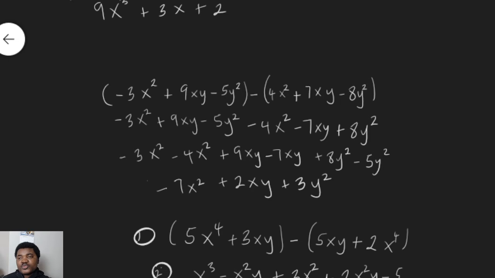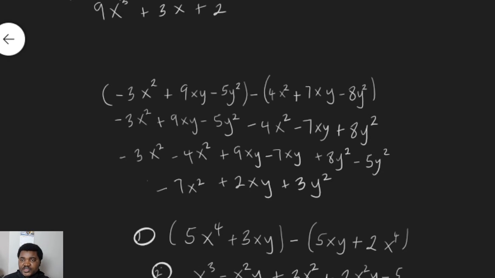They have been grouped into a parenthesis. And then we have another group here in a parenthesis, but the operation between the two parentheses is subtraction. So minus 4x squared plus 7xy minus 8y squared.